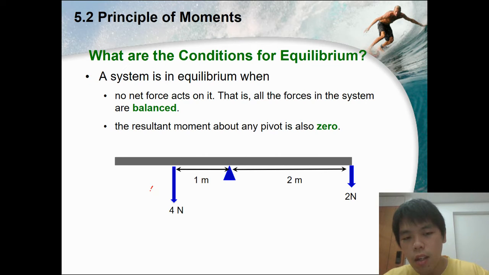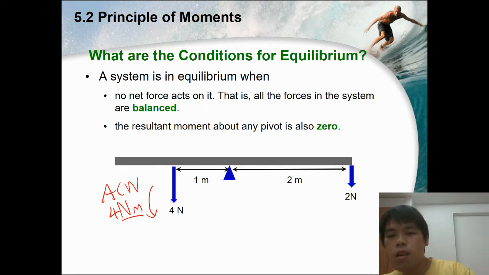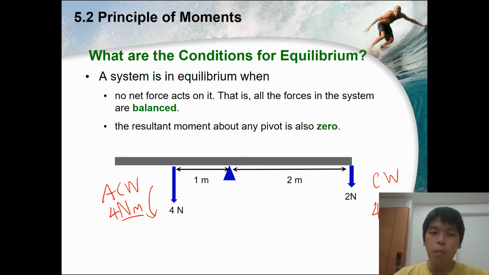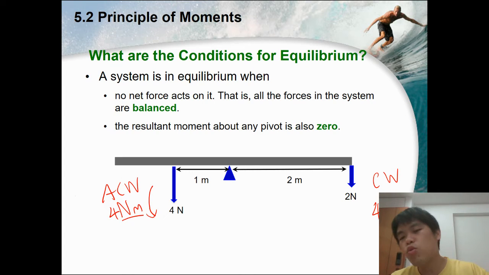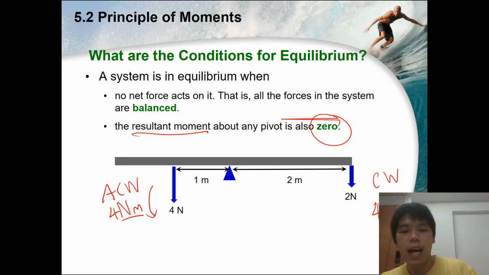The anti-clockwise moment is 4 newton meters. Remember, Nm, this is moments. The clockwise moment is also 4 newton meters. So since the anti-clockwise moment is equal to the clockwise moment, the resultant moment is 0 because they are the same.